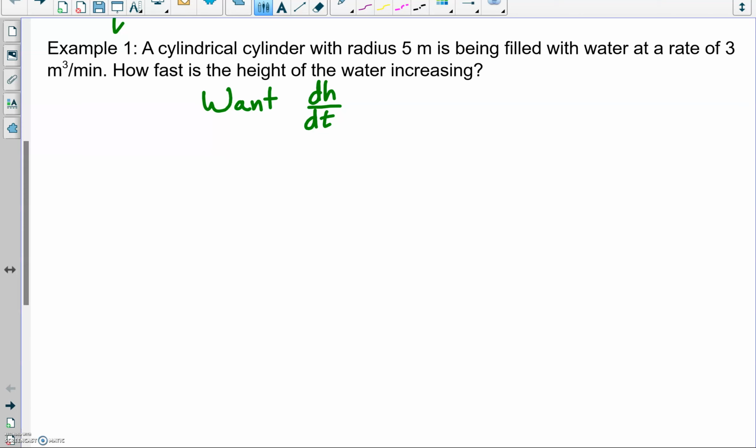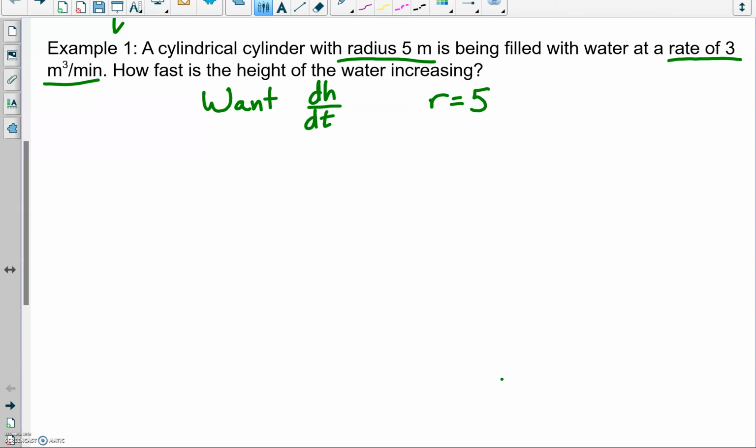So let's get our minds wrapped around what was given here. We were given a radius of 5, so r for radius will equal 5. I'm not going to bother putting the units at this point, since everything that's been given is in meters or minutes, so they're all the same. They also gave me that it's being filled with water at a rate of 3 meters cubed per minute.